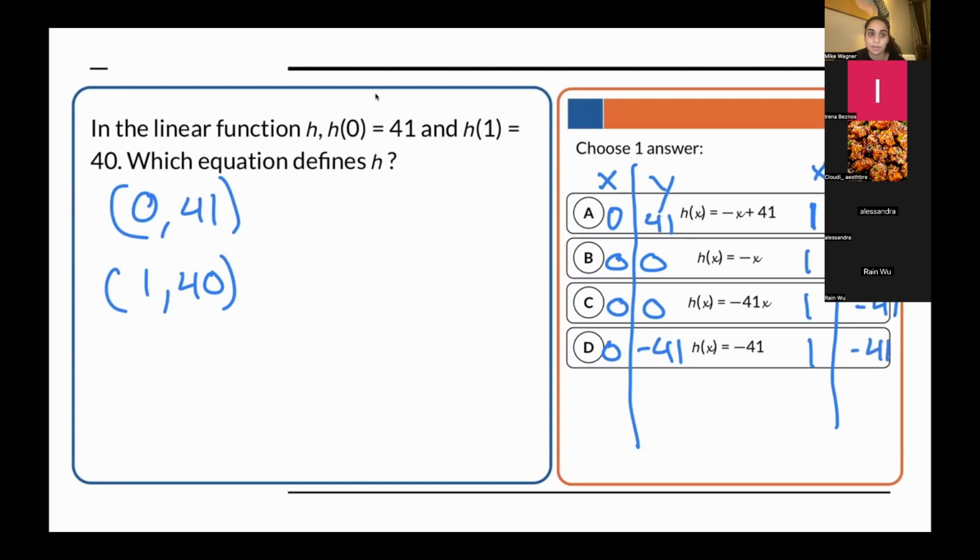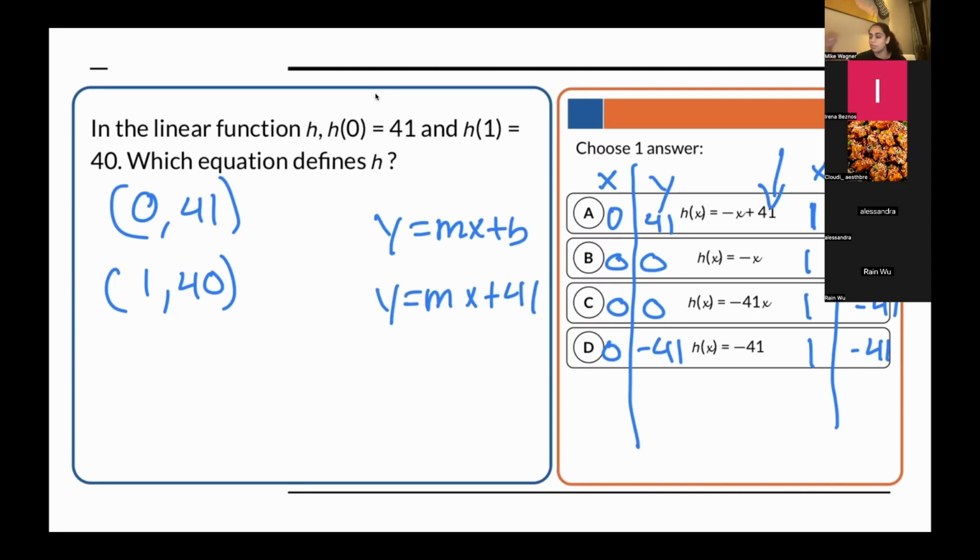The other thing, if you're really good at writing equations, we can see that the y-intercept in y equals mx plus b has to be 41 since the y-intercept is 41. So also off of that alone, you can also pick answer choice A. And if you're really good, you can also punch it into Desmos and that's what would come out.